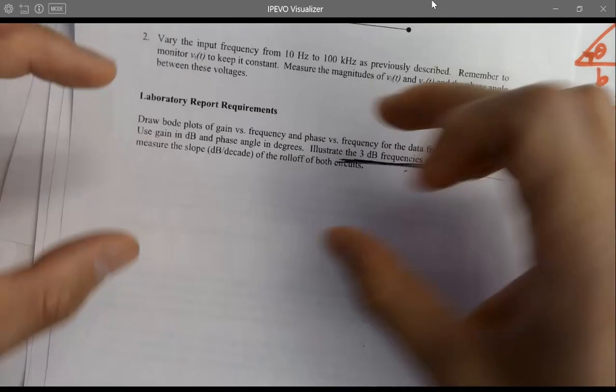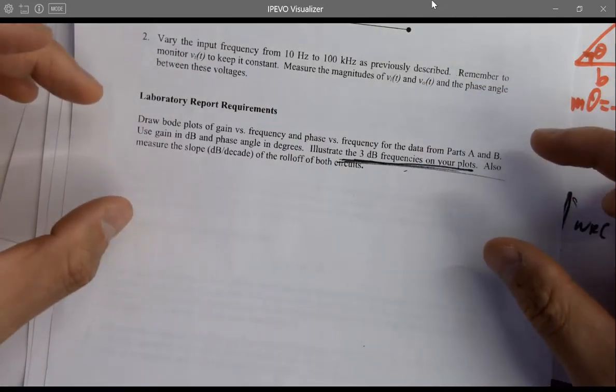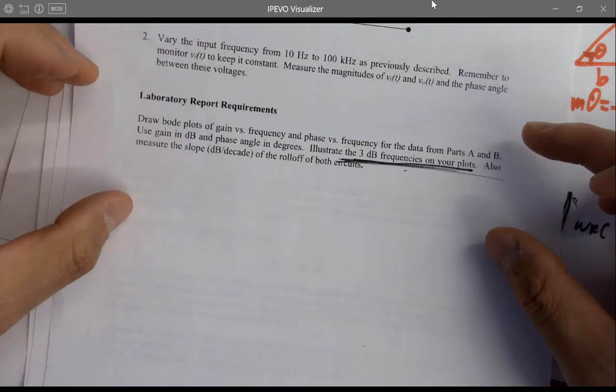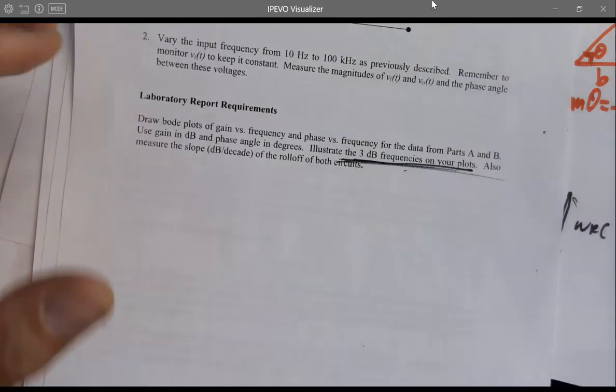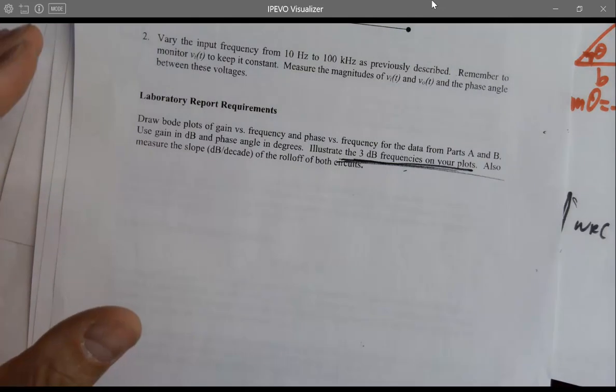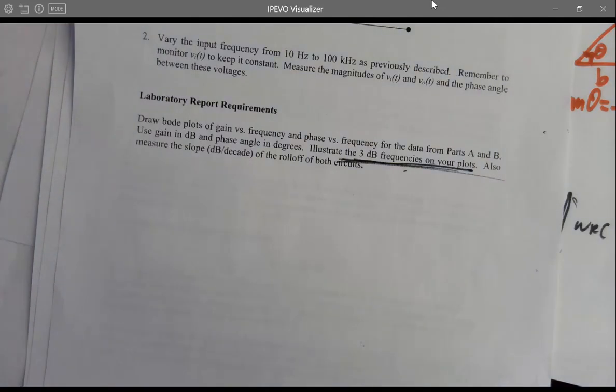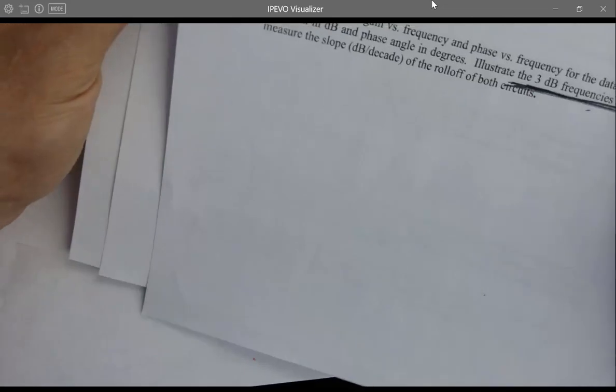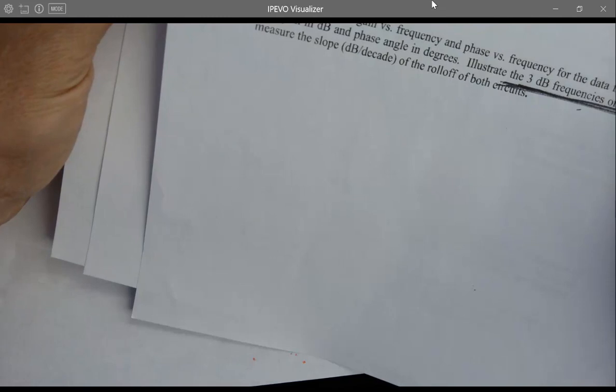Okay, for this specific task, what you are going to do is start with a very low frequency, so there's no attenuation. And then you keep changing the frequency through the knob on the function generator until you see a 0.707 output. You know what I mean?